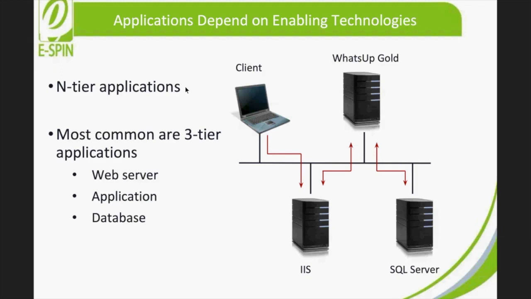You may need multiple web servers, application servers and database servers to load balance, and so on. That's why we call it N-tier. Typically, we have a 3-tier application where web server, application, and database, right?